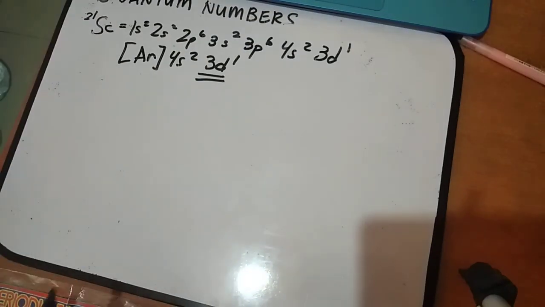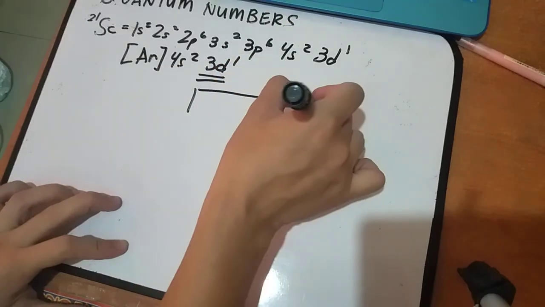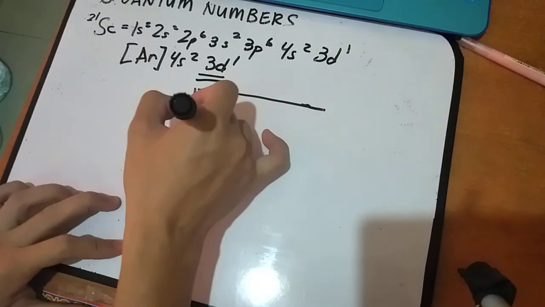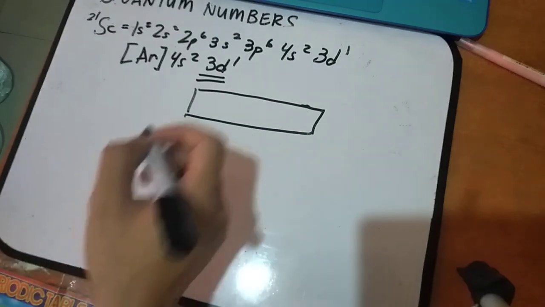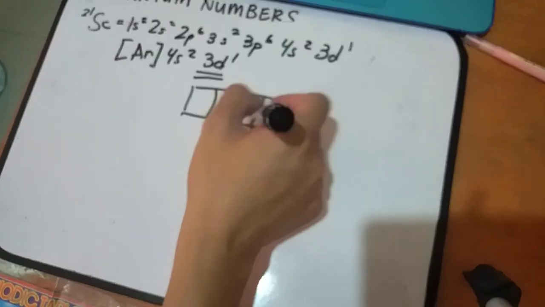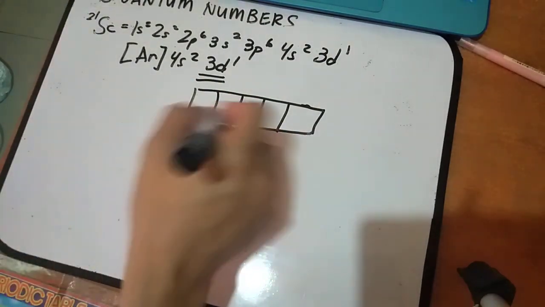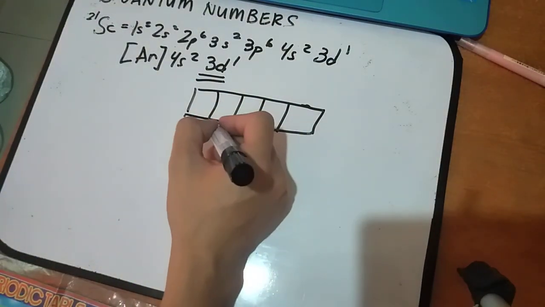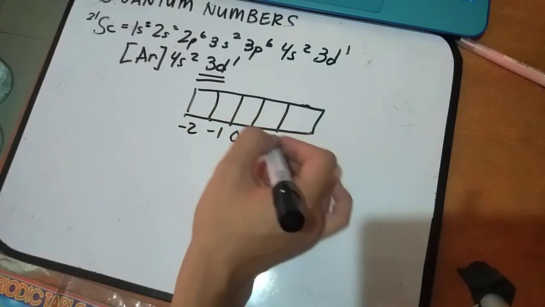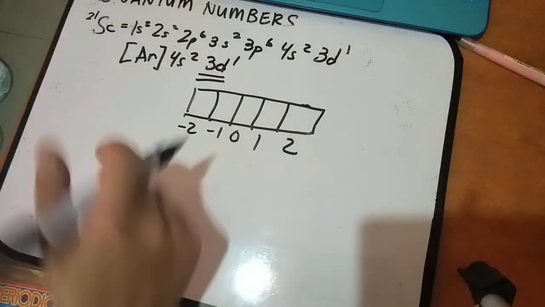Okay? So, D1. So, since it is D, we would have 5 blocks. 1, 2, 3. Okay. So, 5. So, let's have the values. 0, -1, -2, 1, 2. Okay. So, ilang electrons daw? 1.